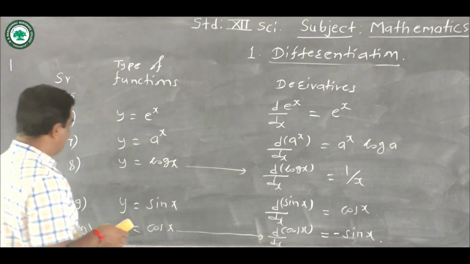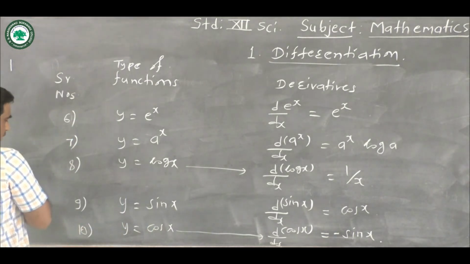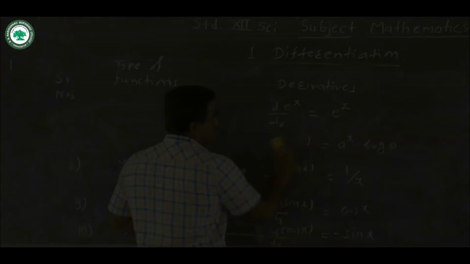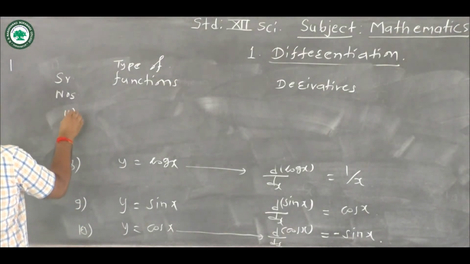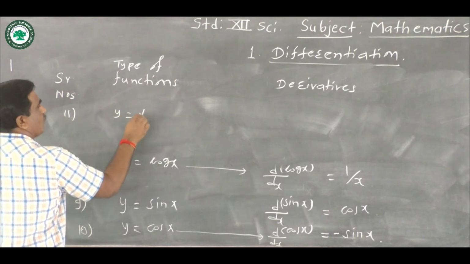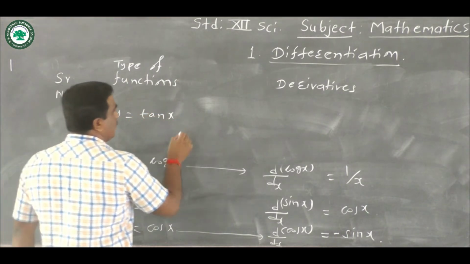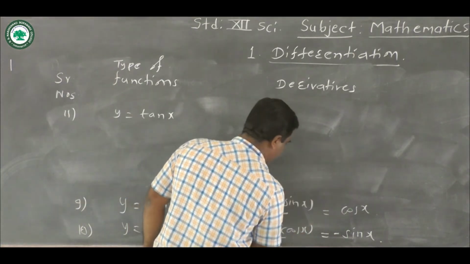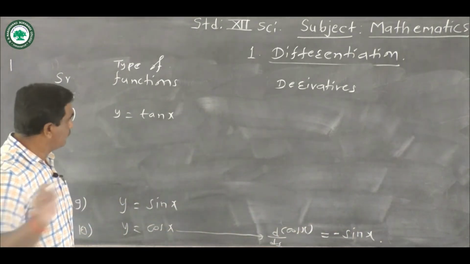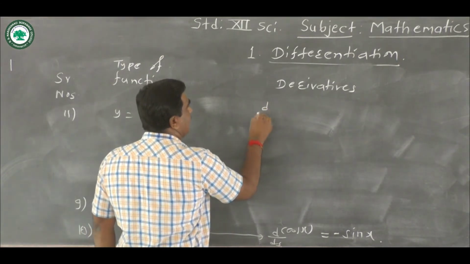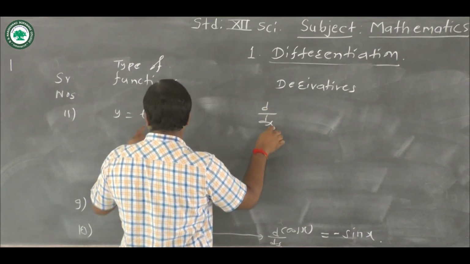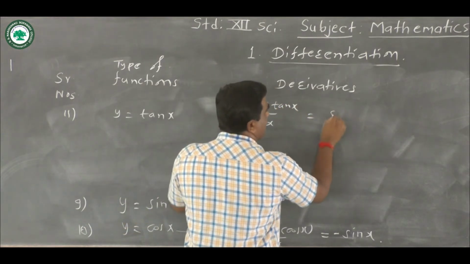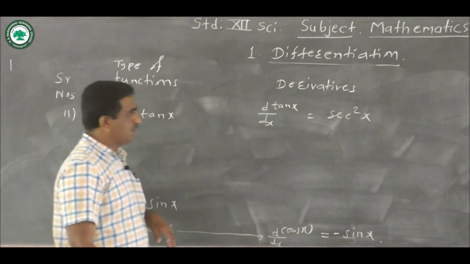Now further, 11th number, the next trigonometric function is y is equal to tan x. Then the derivative of tan x is sec square x.